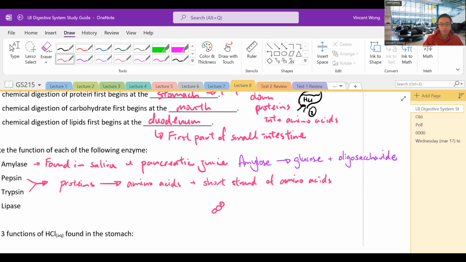Think of a protein as really long like that. You might chop here, you might chop here, chop. So in the end, you will have individual amino acids, but you might still have some short chains. This process begins in the stomach, and then it gets finished up in the duodenum.